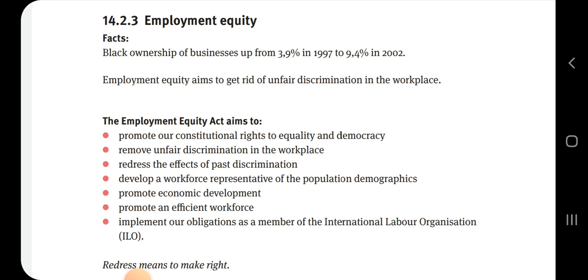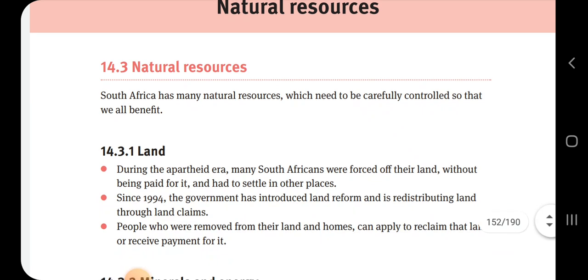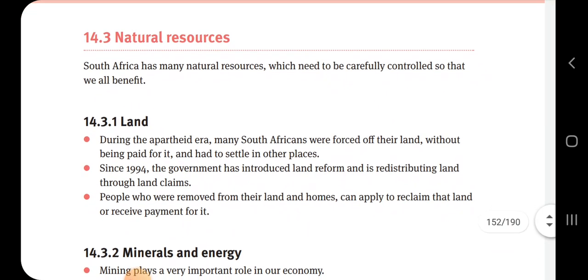So the Employment Equity Act is to make sure that everybody is treated fairly, given fair opportunities in the workplace. So to redress means to make things right, okay? To correct.